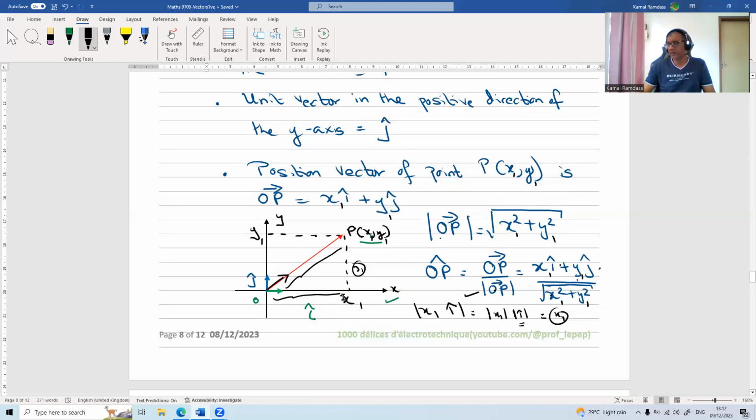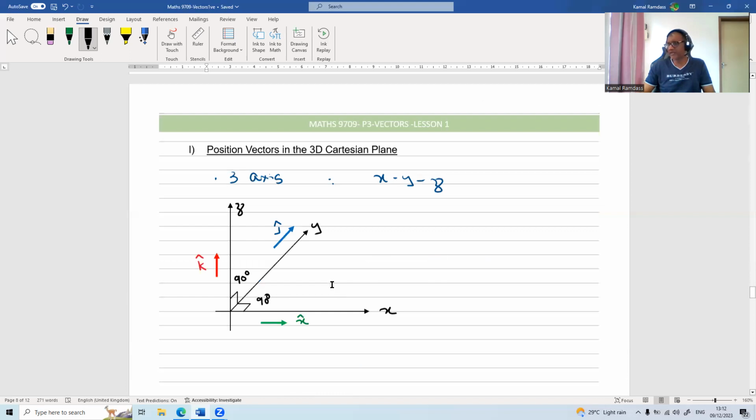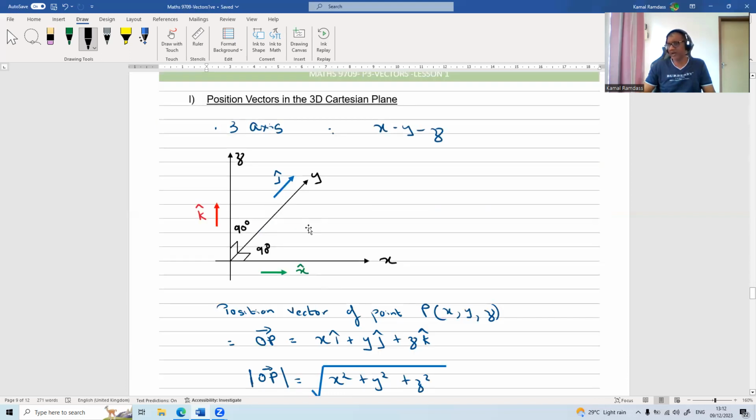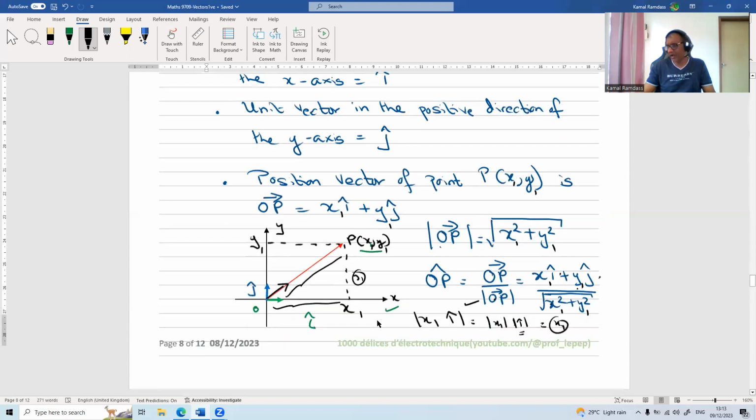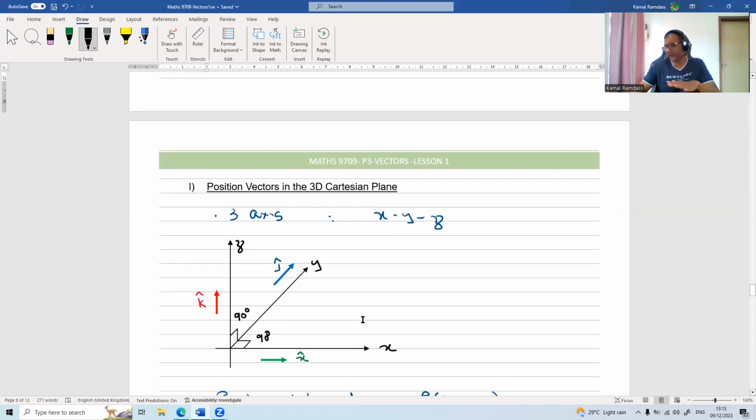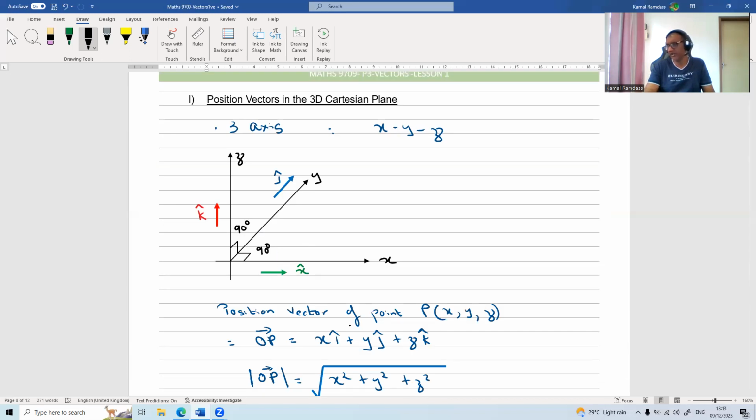Okay. Nous get position vector in the 3D Cartesian plane. Bon, nous connaissons 3D Cartesian plane, dit comme ça. Ça veut dire, je prends x, je tourne 90 degrés to the left, je prends y, je tourne 90 degrés to the left, je prends z.